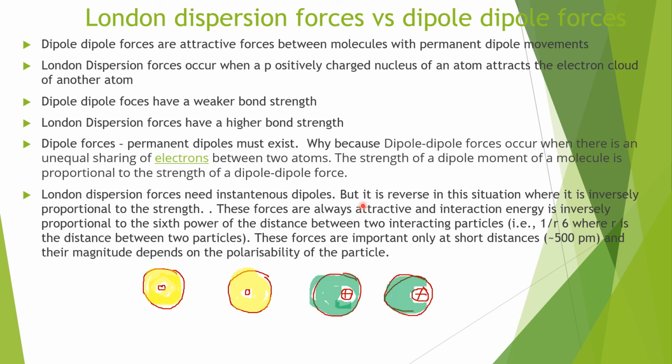It is a reverse situation. The strength of dipole moment of a molecule is proportional to the strength of dipole-dipole force. But in London dispersion forces, it is reversed. How? Because the distance dependence is 1 by r to the power 6, where r is the distance between two particles. That you have to understand.